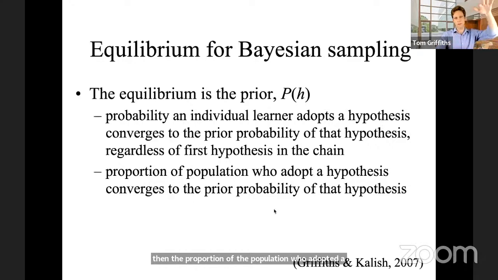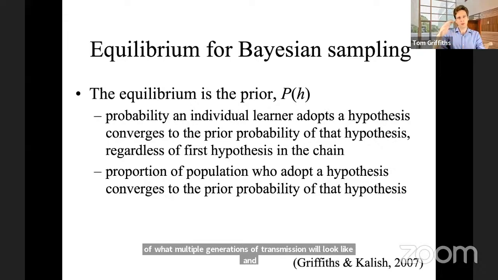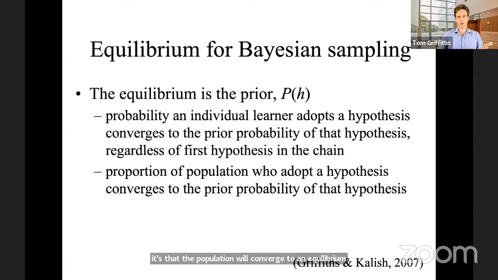So if we imagine this in that population setting, like the replicator dynamics, the same equilibrium result gives us a characterization of what multiple generations of transmission will look like: the population will converge to an equilibrium where the proportions of the different types that appear in that population reflect the prior distribution. And this was a result that was with Mike Kalish.